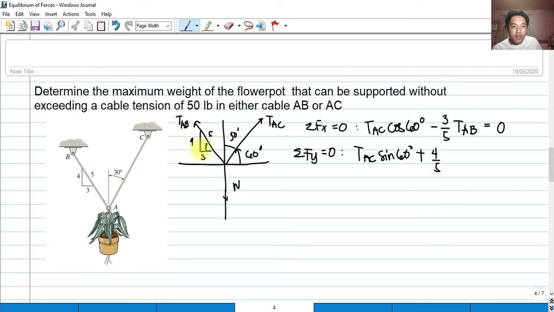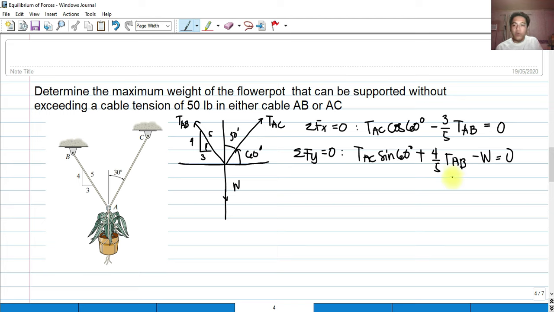That's sine, opposite 4 over hypotenuse. So we have 4/5 of T sub AB, minus W, the weight, equals 0. We are going to determine the maximum weight. It's W that we are going to solve.